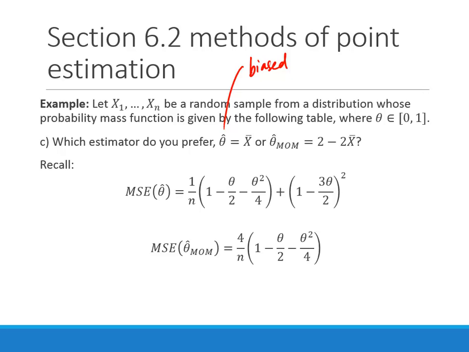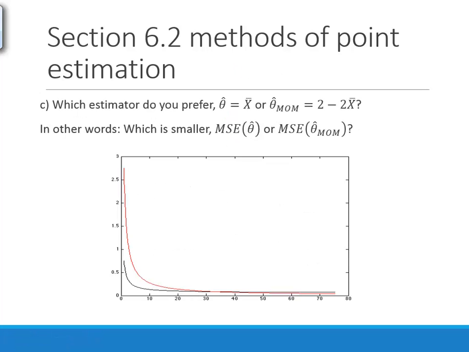And it's not always easy to directly make that comparison, because the thing depends on theta, and I don't know what theta is, so it's hard to say exactly which one of these is smaller. This plot that I have in your notes here is where I've plotted the mean squared error as a function of n.